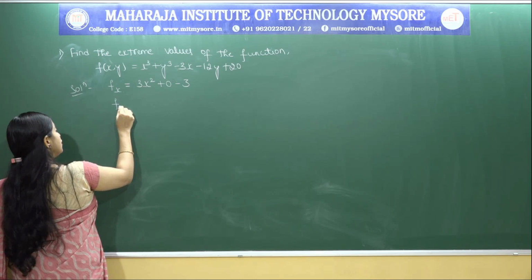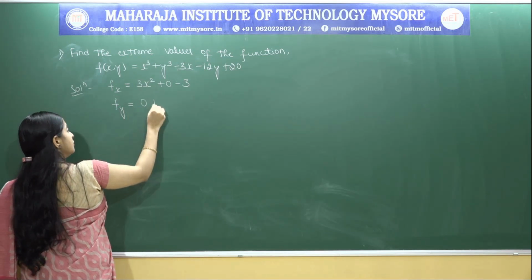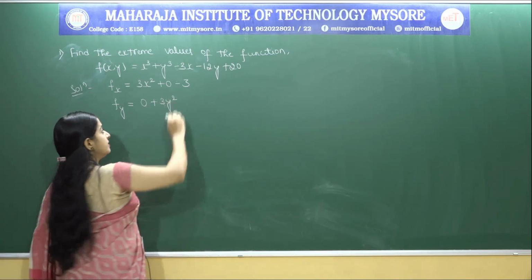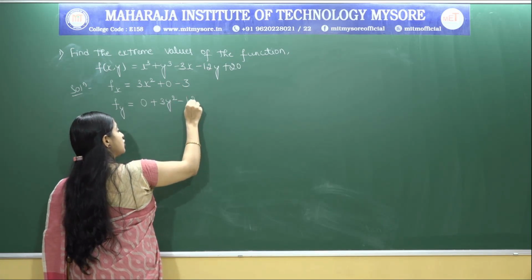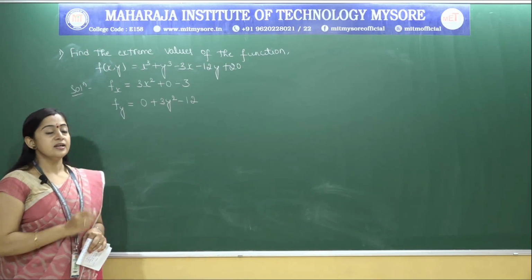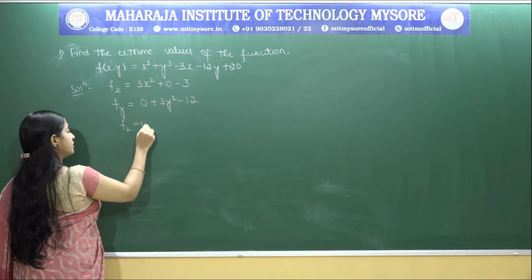Next, differentiate with respect to y. So the x cube differentiation 0, y cube differentiation 3y square, minus 3x differentiation is 0, minus 12, the differentiation of y is 1, and the 20, the differentiation is constant. Then equate this fx and fy to 0.